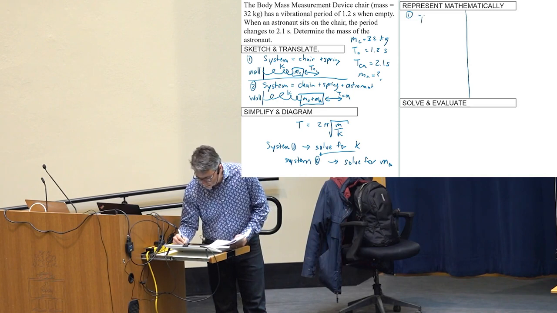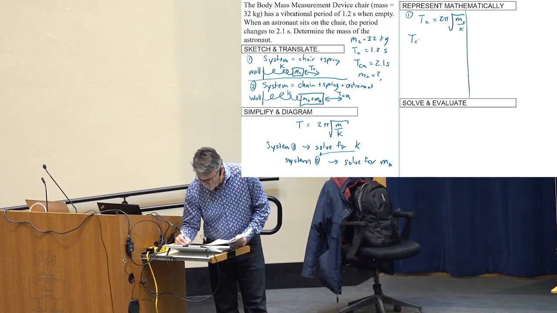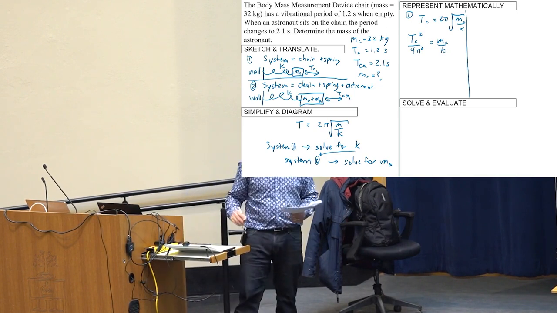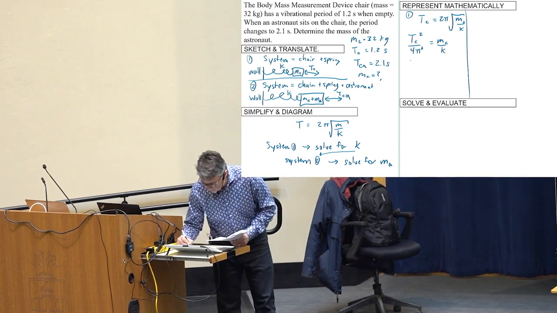So I know that Tc is equal to 2 pi square root of mc over k. So I can square both sides. Every time there's a square root on one side, I have to solve it by squaring both sides of the equation. And I get that k is equal to 4 pi squared mc over tc squared.